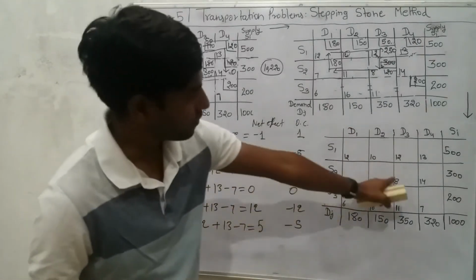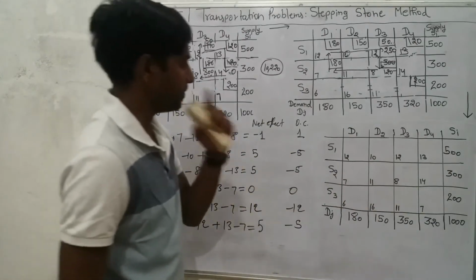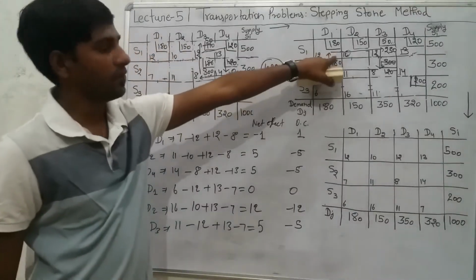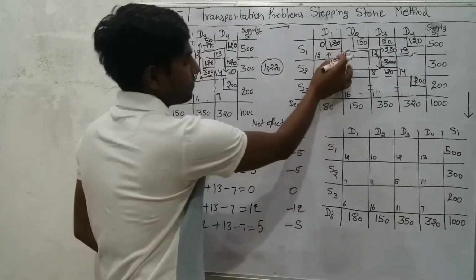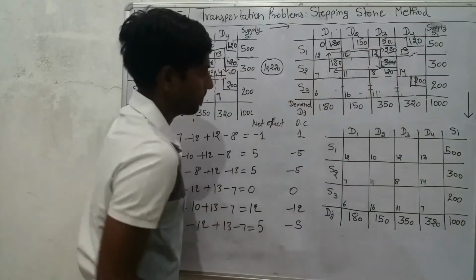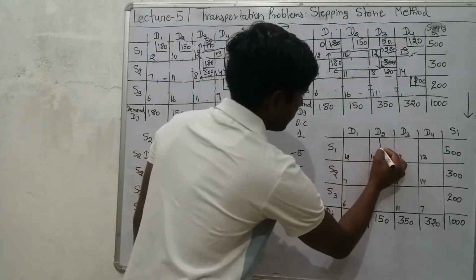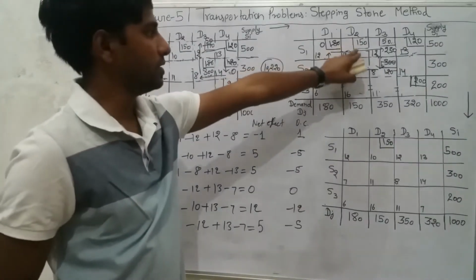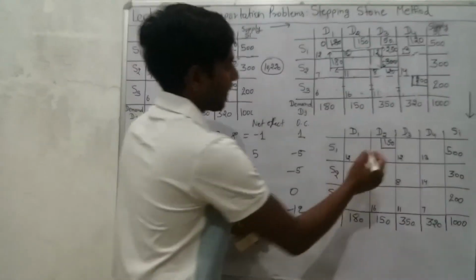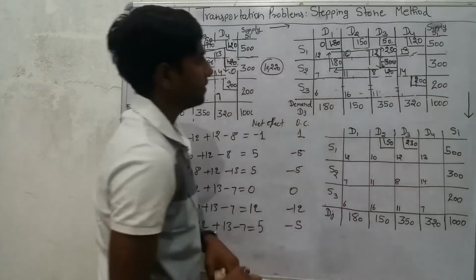Now again we have to move to the new table, the improved solution. What would it be? Initially there were 180 units, now there would be 0 units because we have transferred all the units to this cell. So here would be no allocation. In this cell there would be 150 because there is no change in this cell. In the next one there would be 230 units.